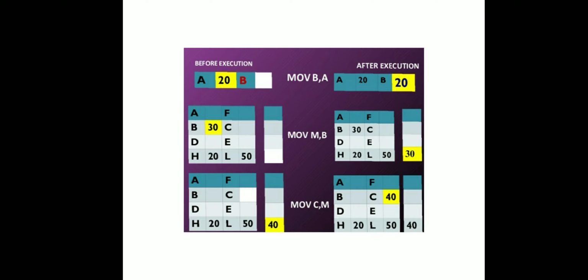Similarly, for MOV C, M, the data is copied from the memory location specified by the HL pair to the register C.